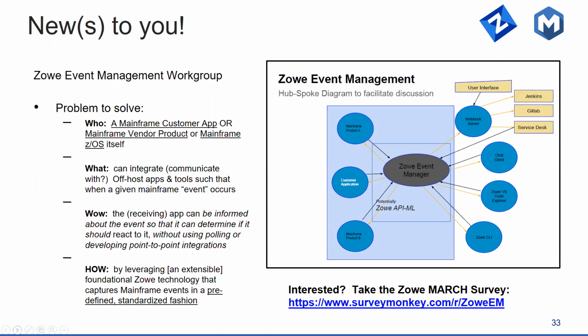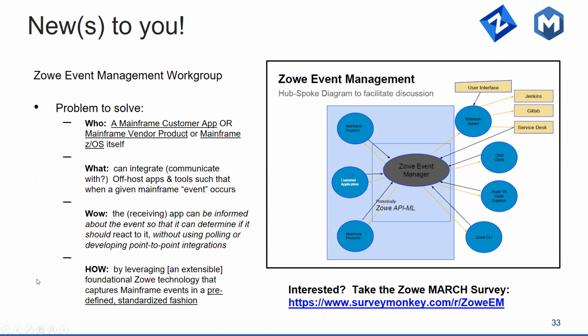So something occurs on z/OS, and the Zowe Event Manager is the intermediary technology, if you will, that manages those events and enables some kind of receiving application, receiving client, if you will, to be informed about that event so that it can determine if it should do something with it.